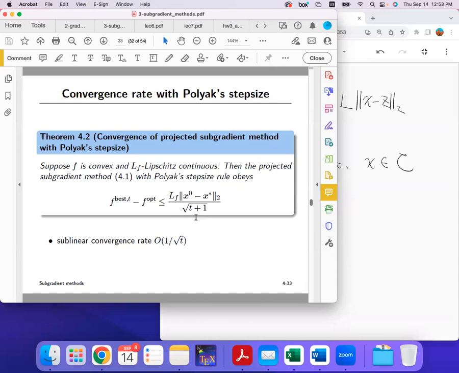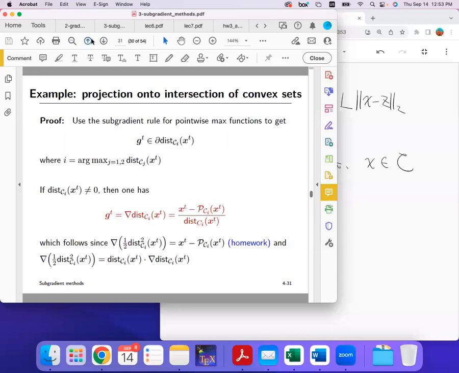The main convergence result says that suppose f is convex and Lipschitz continuous. Now we apply the projected subgradient method with the Polyak step size. This is the step size that we just described.